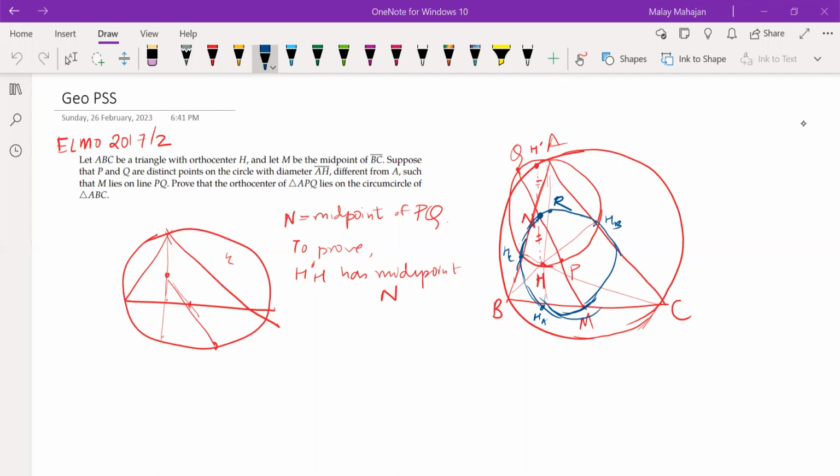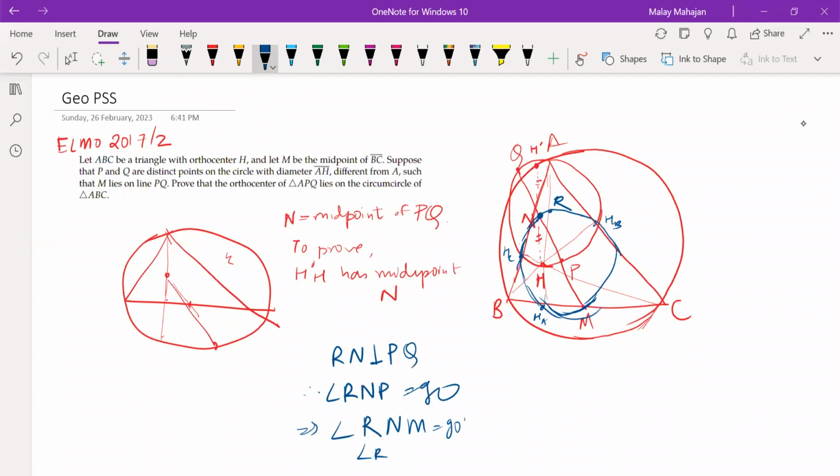Yeah. So R is the center of the circle with diameter AH and N is the midpoint of PQ. So RN will be perpendicular to PQ. That would imply angle RNP is 90, which would imply angle RNM is also 90 because N, P, M are collinear.